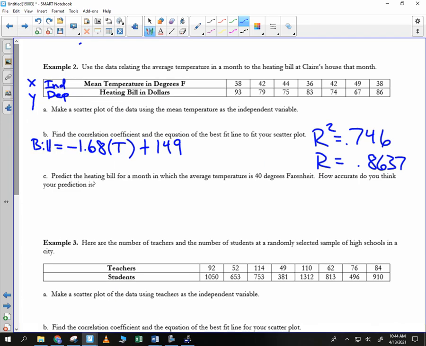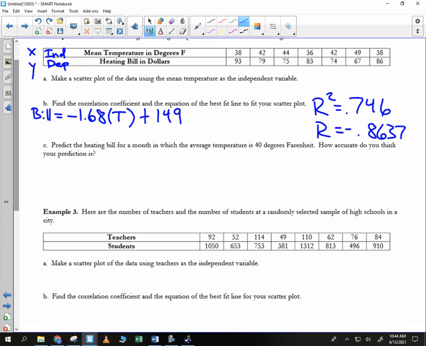Our line, was the data tending down or was the data tending up? It was tending down. So when we take the square root, we get to choose the positive or the negative. Should we choose the positive or the negative? The negative. Good. We've got our r value. We would say that there's a strong relationship here. It's a negative relationship. We have our prediction equation. Now we can actually make our prediction.